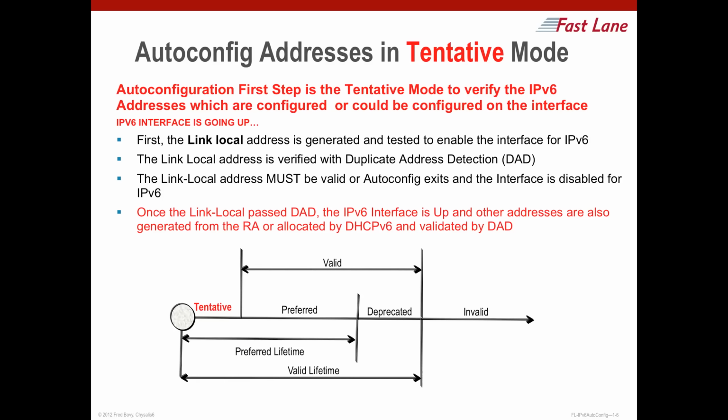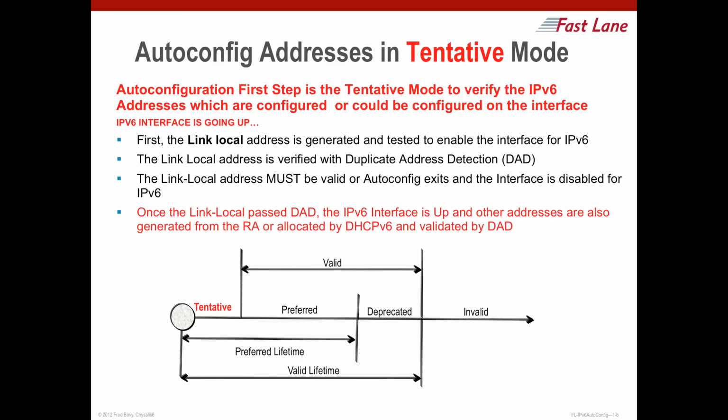In auto configuration, when the interface is starting, the first state is actually a tentative mode. In this mode, the interface is verifying a couple of addresses and making sure that the interface can be used for IPv6.